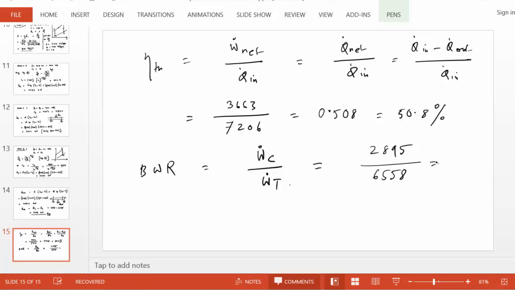So that's 0.44 or 44%. So these are our answers for this problem.